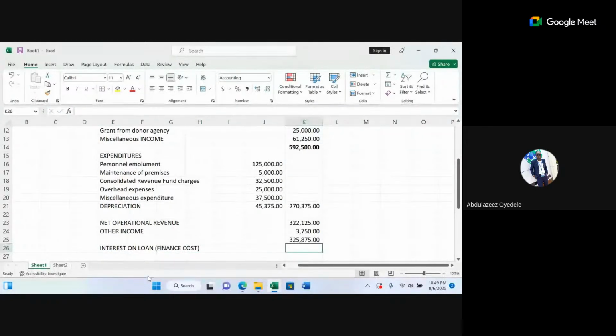And that is 12,500, if I'm correct. So if you subtract that interest from the 325, what we have will be our net surplus.